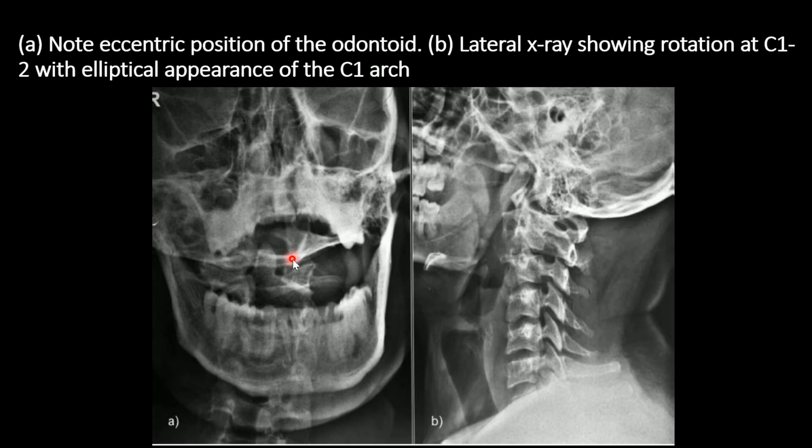Here we can see the eccentric position of the odontoid process. We can see the distance here is wider than here. We can see here the rotation of C1 over C2 and the elliptical shape of the C1 arch.